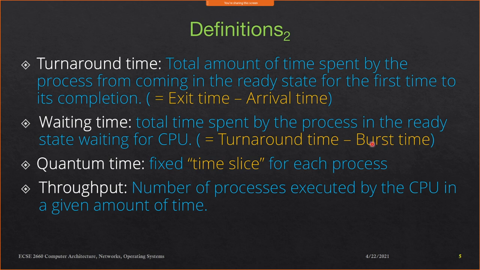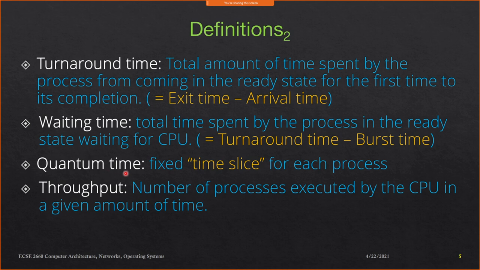Burst time is how much time the CPU spent working on that process. Turnaround time is stop minus start. If you subtract those two, that is how much time a process had to wait in the waiting state. So that's how you calculate the waiting time.